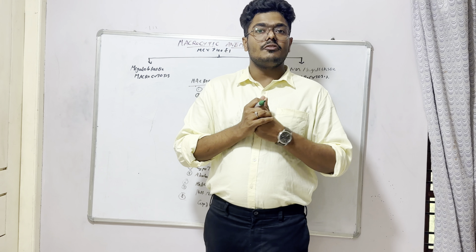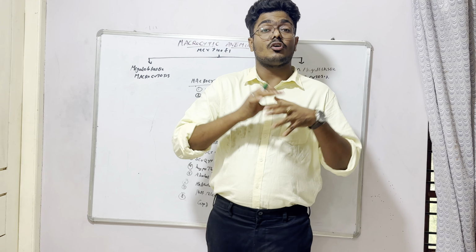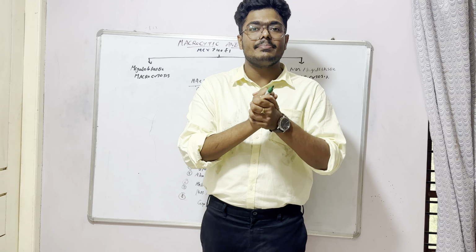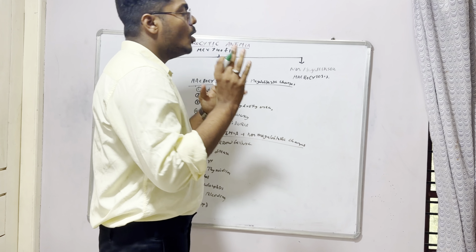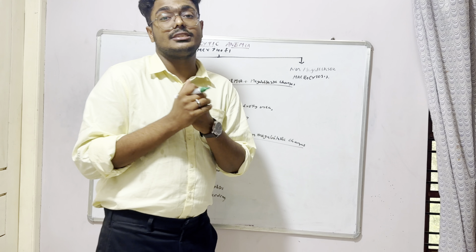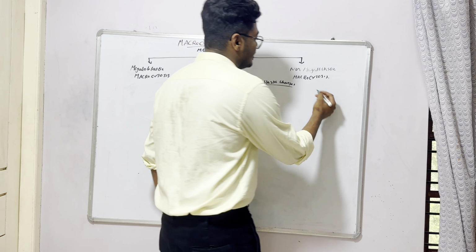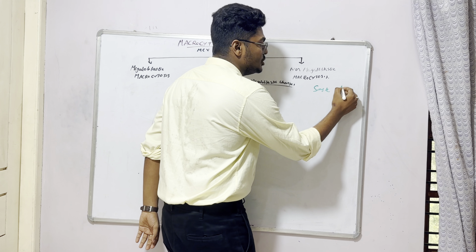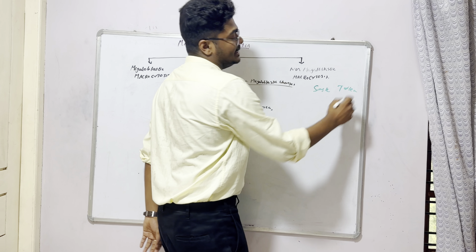Let's take our discussion forward to a very new topic: macrocytic anemia. Whenever a patient comes to your OPD with any such error in the CBC, the first thing you have to check is whether it is a single lineage issue or a tri-lineage issue.